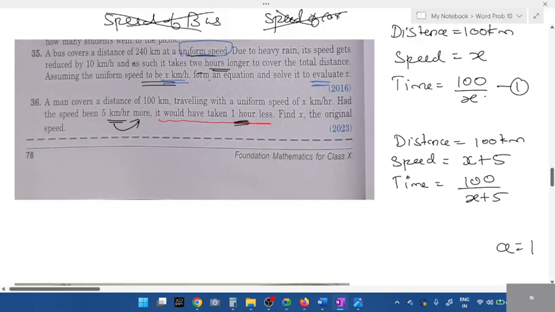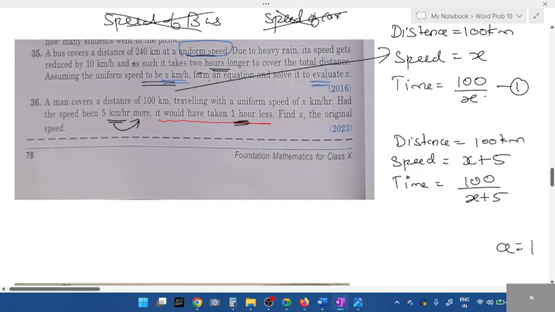Same question: a man covers 100 kilometers, so the first one is 100, traveling at the speed of x. As soon as you find that, time is equal to 100 by x. That is done. Then the speed is increased.